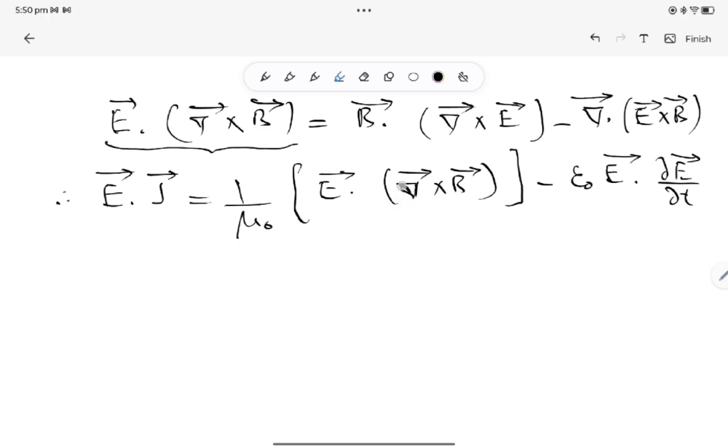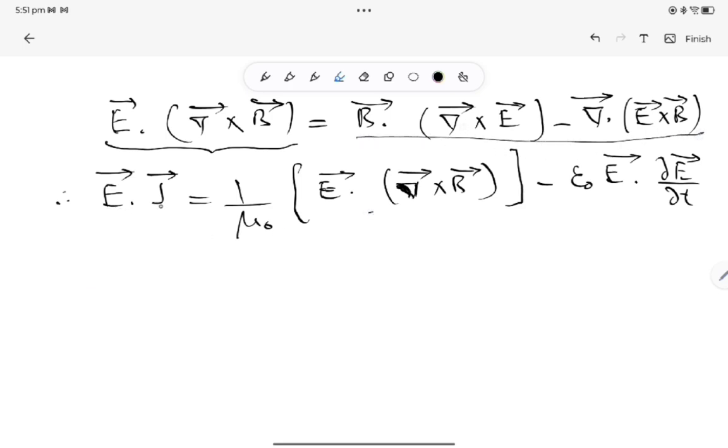Now, this value of E dot del cross B is to be substituted in its place here.